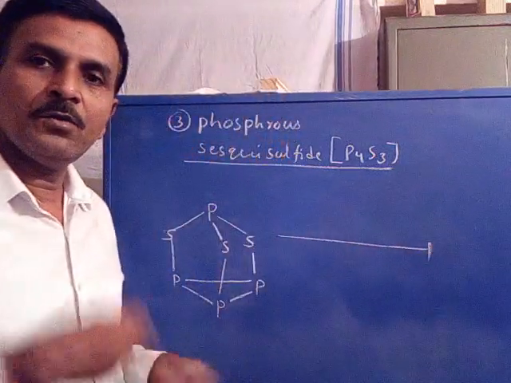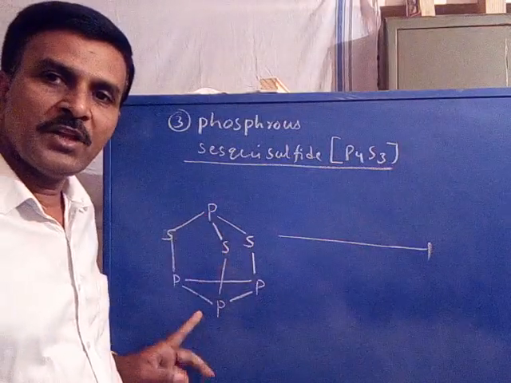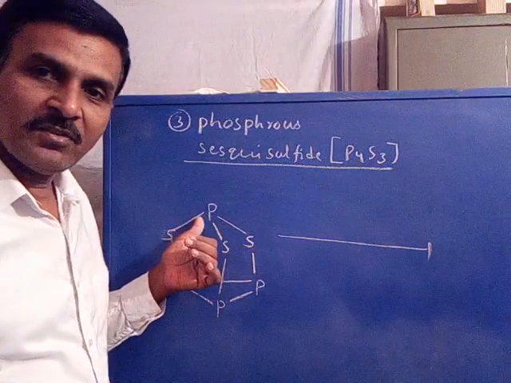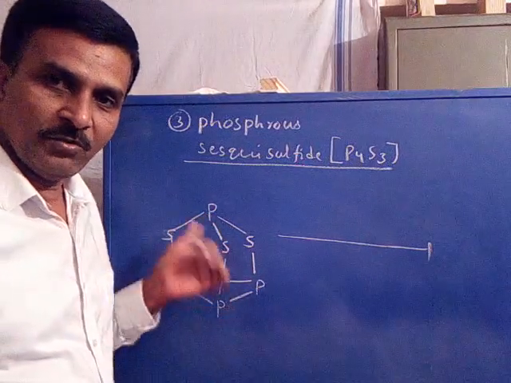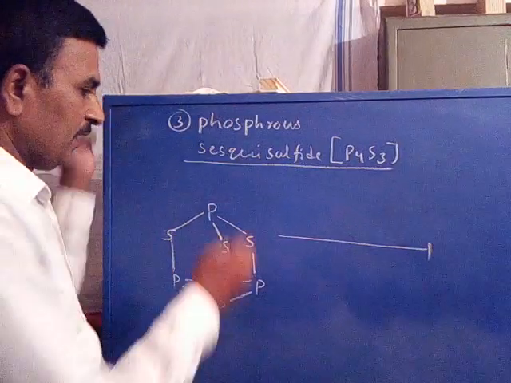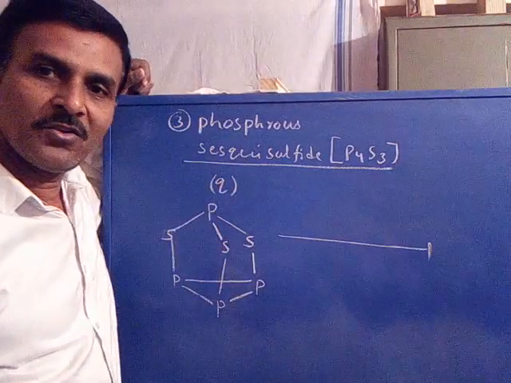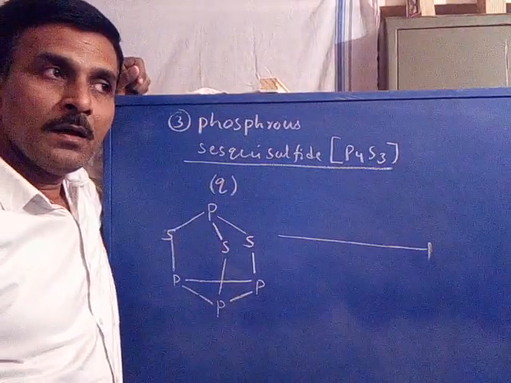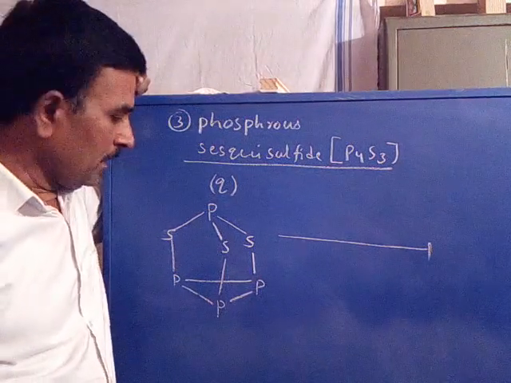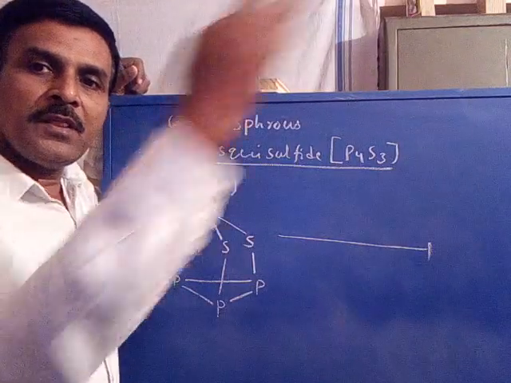Now coming to multiplicity. The above phosphorus is non-equivalent from the below three phosphorus, so it couples with them. 1 plus 3 gives a quartet. The above phosphorus signal appears as a quartet as it couples with the below three phosphorus. Now all three below phosphorus are equivalent and couple with the above phosphorus.